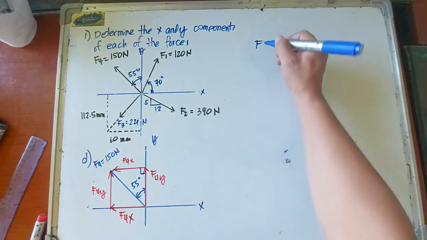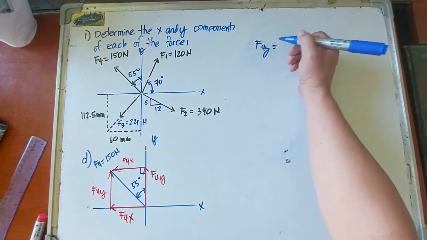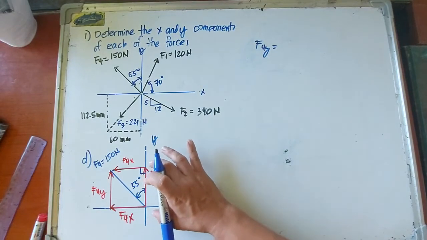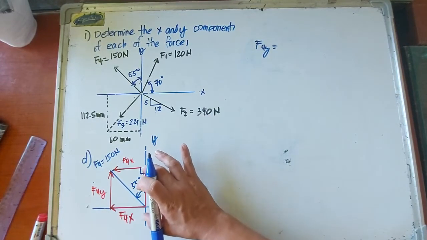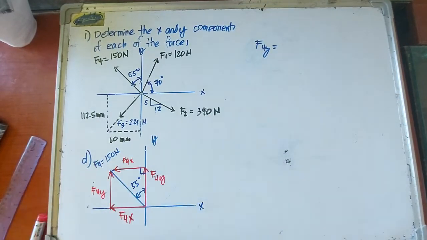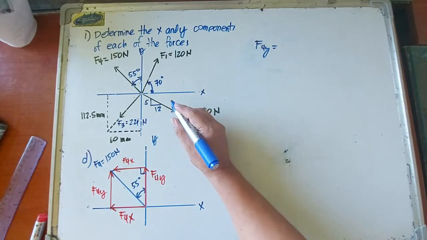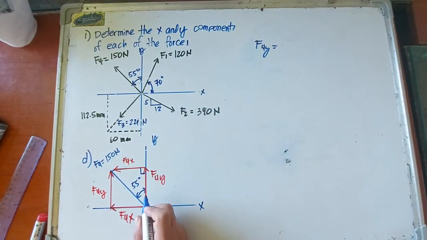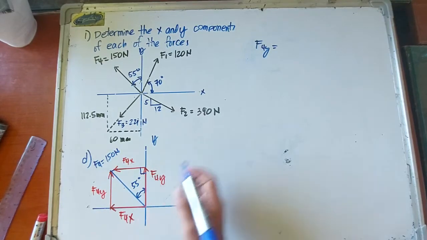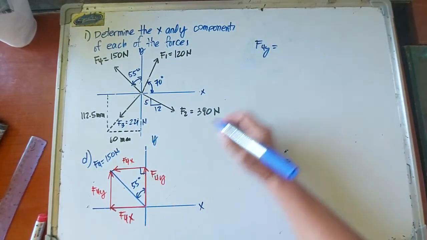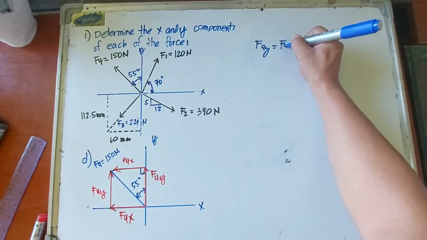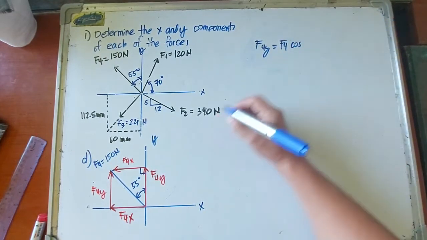So F4Y is equal to, since now the Y component is the adjacent side. Previously, ang adjacent side natin is the X component because the angle is measured from the X axis. In this case we measure the direction from the Y axis. So F4Y is equal to F4 cosine of the angle theta.